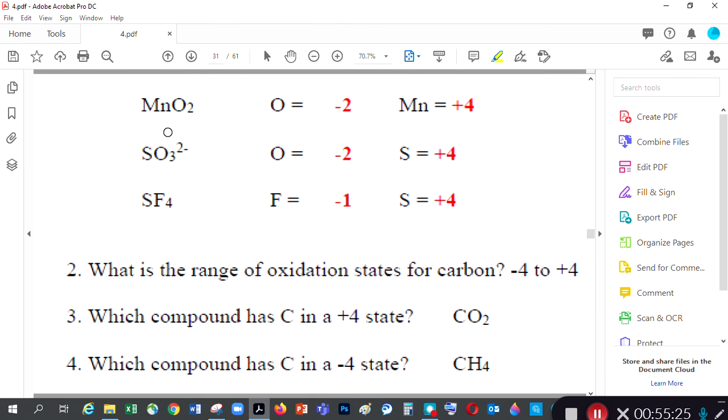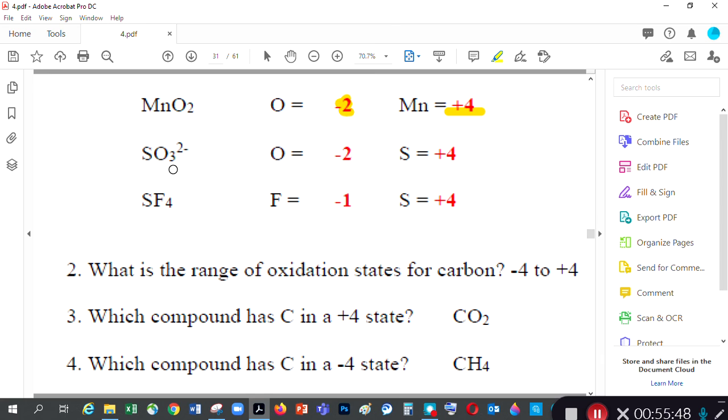The same thing here: manganese dioxide. Oxygen is -2, correct? So with 2 oxygens, -4, the manganese will be +4.